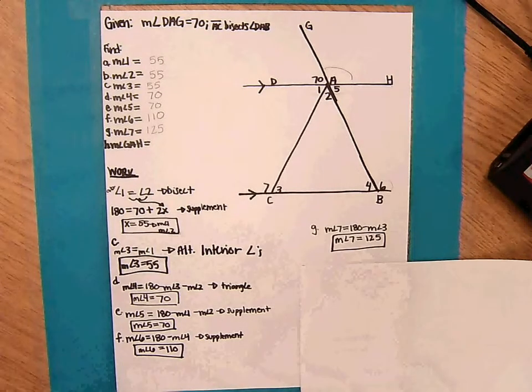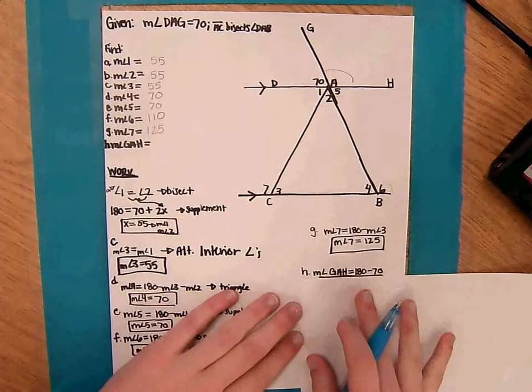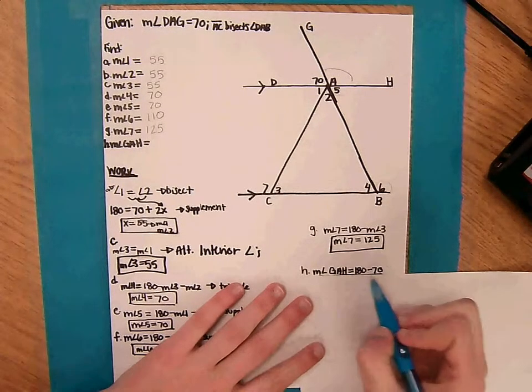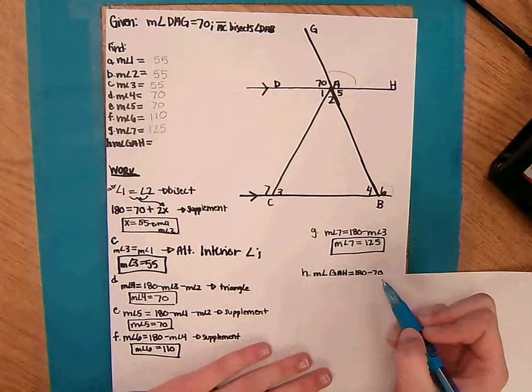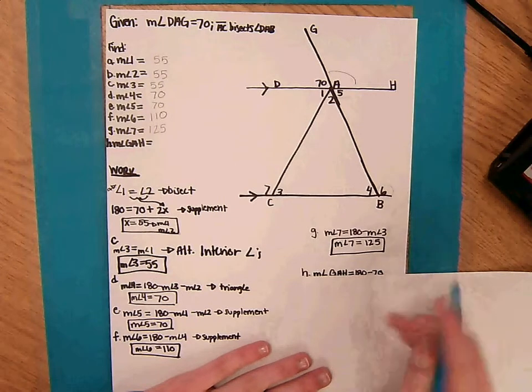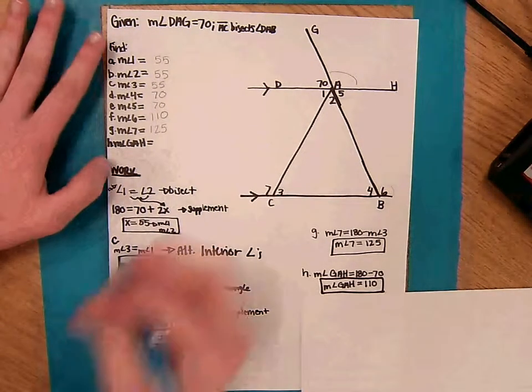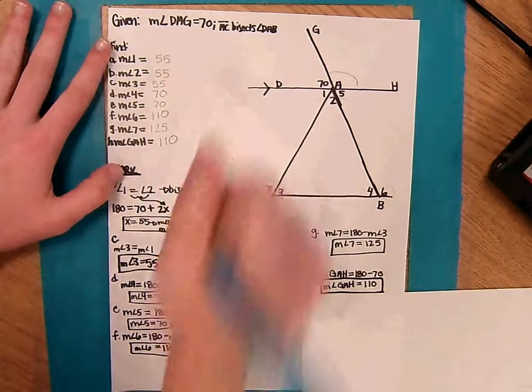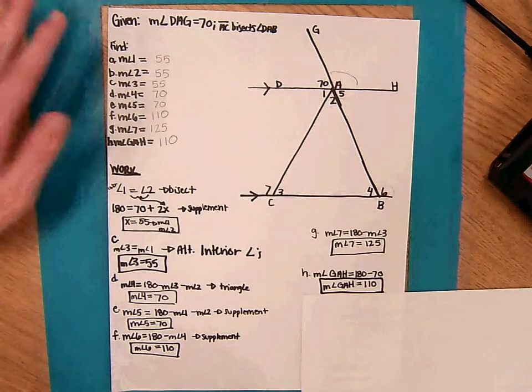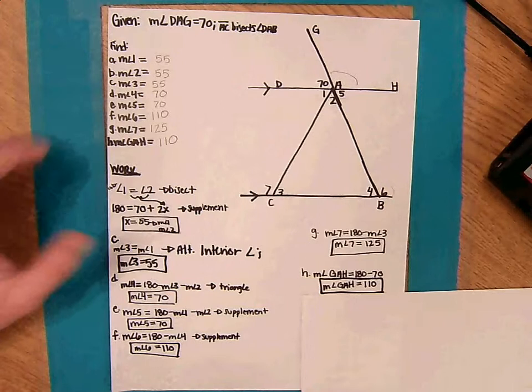So I'll do it the exact same way I got all the other supplementary angles. Measure of angle GAH equals 180 minus 70, because that was the measure of angle GAD. When I did that out, I got measure of angle GAH to be 110. And those are all A through H of that problem.